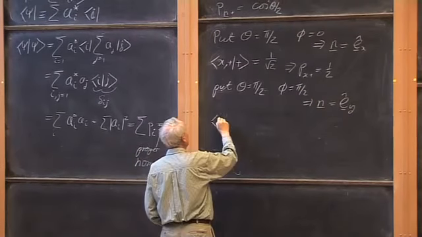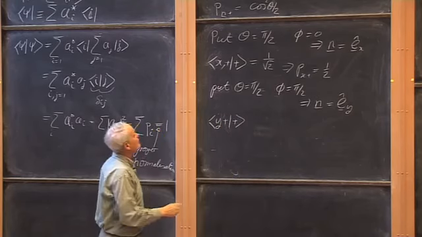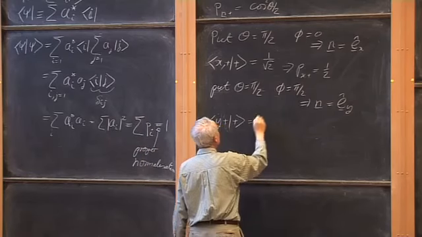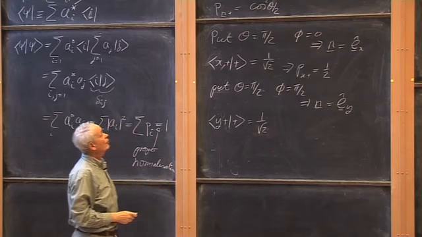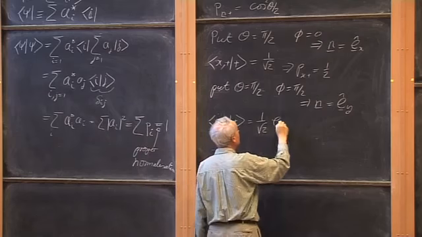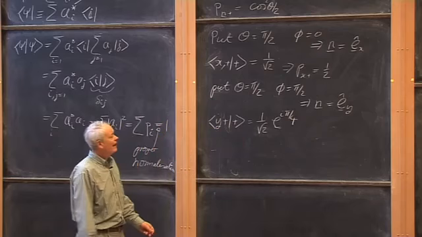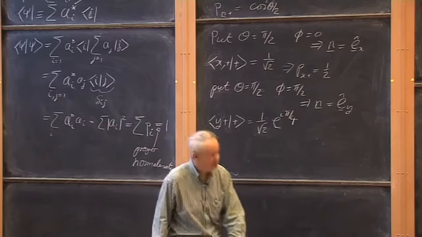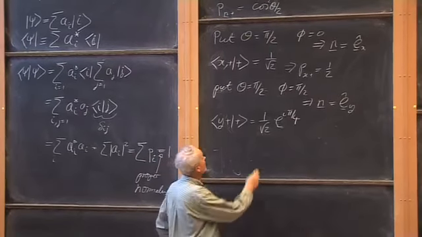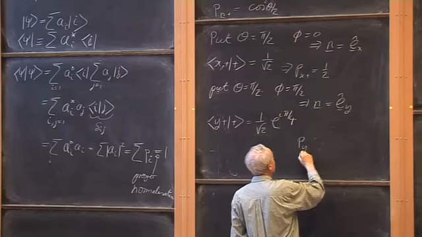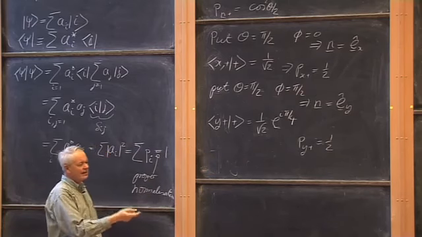Then we find that the amplitude y plus is still 1 upon root 2, but now we have e to the i pi on 4, so the amplitude is now genuinely a complex number, whereas in the x case it was a real number. But the probability for getting plus on y is still a half. It's the same as it is on x, which again has to be the case by symmetry if you think about it.